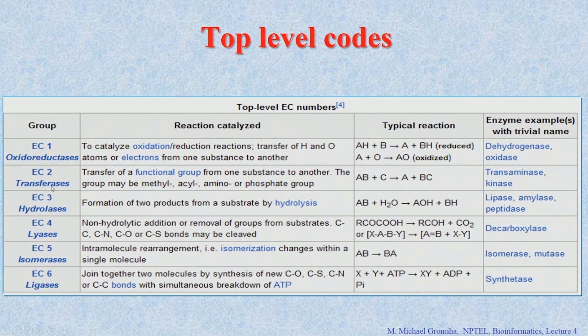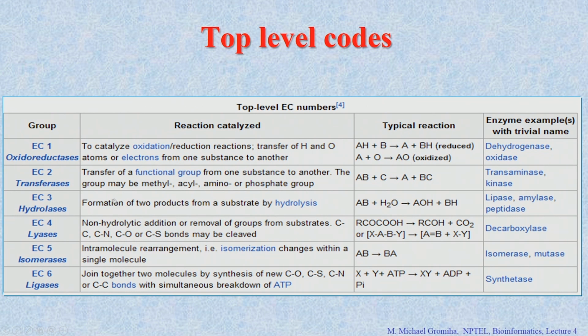If we see EC2, immediately we know that the enzyme belongs to the transferases. If it is EC1, it is an oxidoreductase, which catalyzes oxidation or reduction reactions. Examples are oxidases and dehydrogenases. Here AH plus B gives A plus BH, with one reduced and the other oxidized.